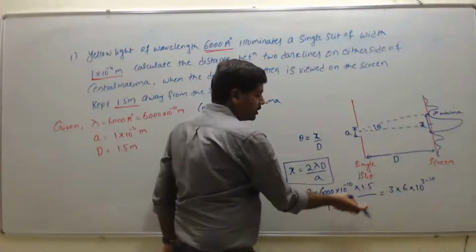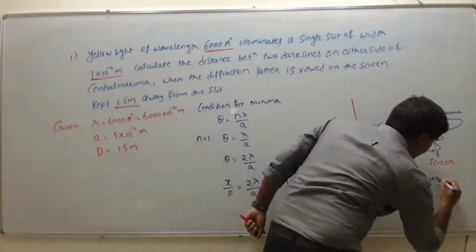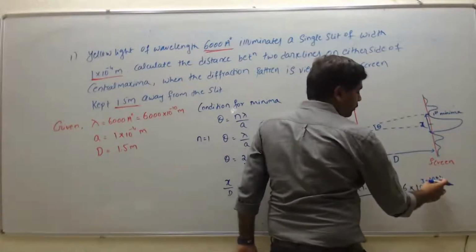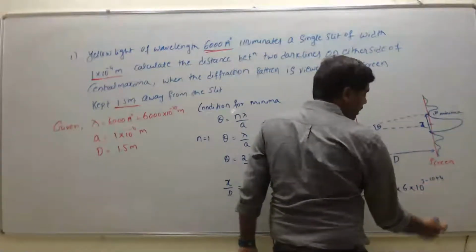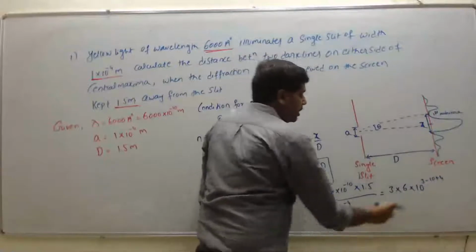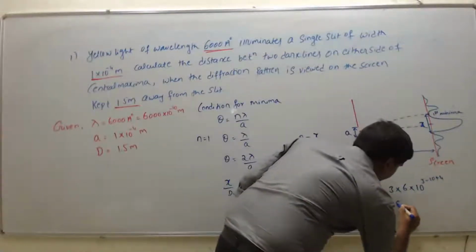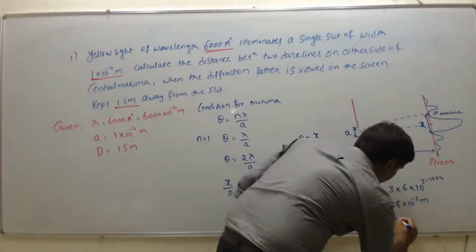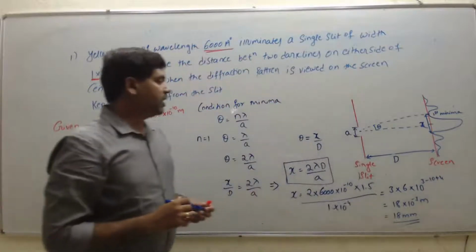The 10 to the power of minus 4, if it goes to the numerator, becomes plus 4. So 3 plus 4 is 7, and 7 minus 10 is 10 to the power of minus 3. So 6 threes are 18 into 10 to the power of minus 3 meter, or 18 millimeter. Right? So this is the final answer.